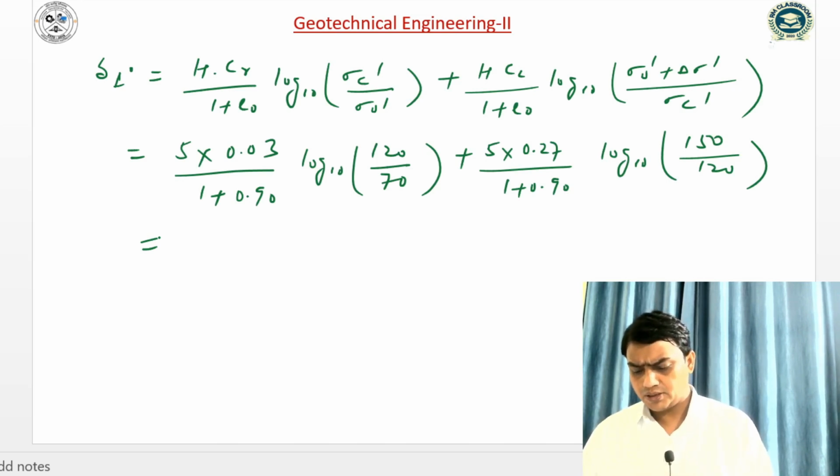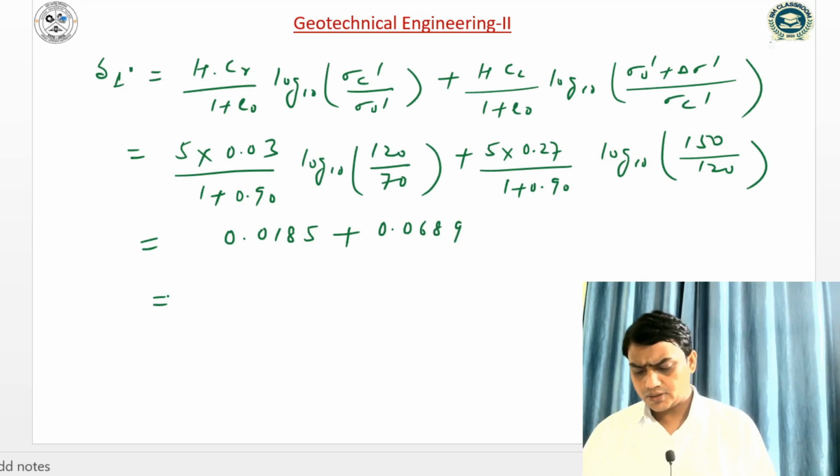So it is coming 0.0185, plus 5 into 0.27 into log 10 of 150 divided by 120, which is 0.0689.